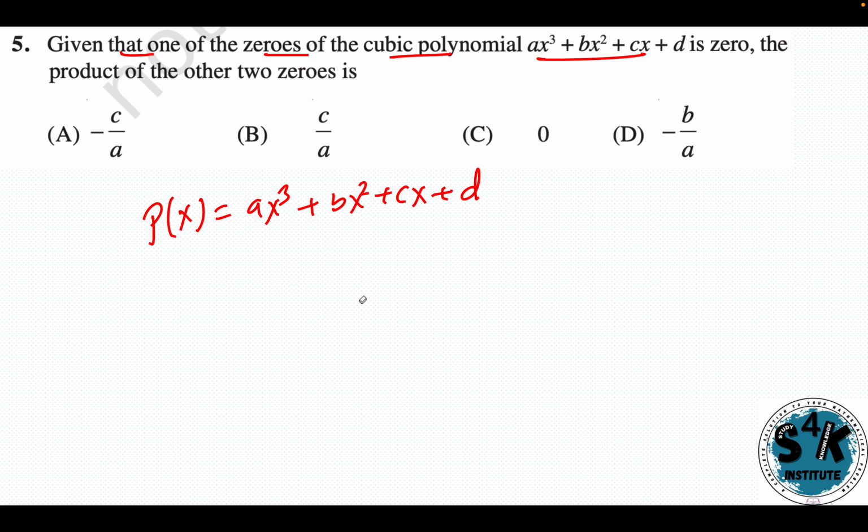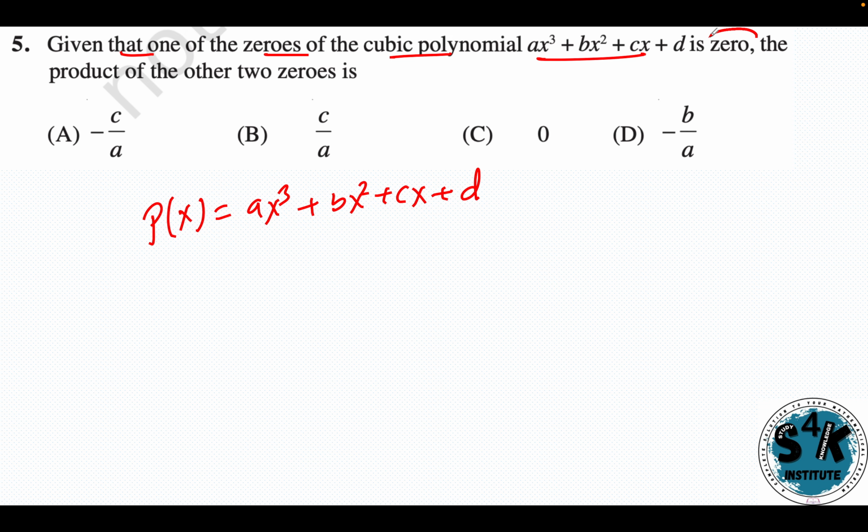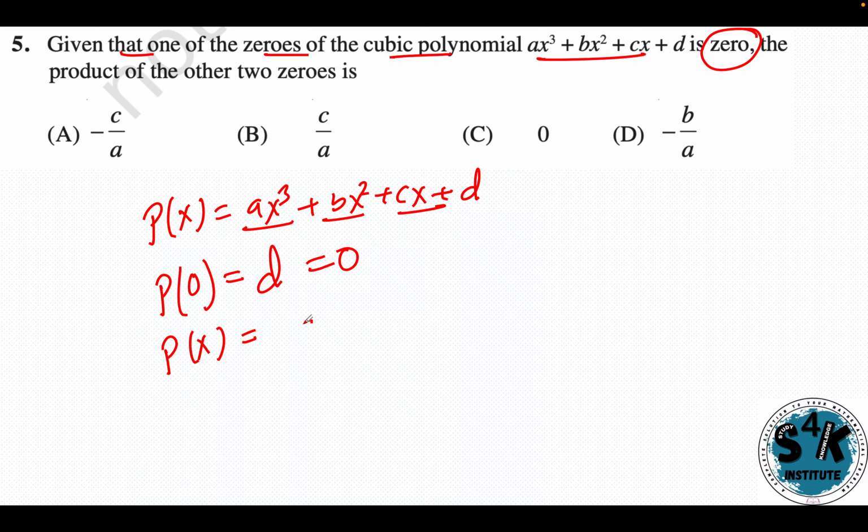They have given one of the zero values as 0. If I put 0 here, I will be getting this as 0, this as 0, this as 0. So overall d will become 0. So p(x) basically reduced to ax cube plus bx square plus cx.